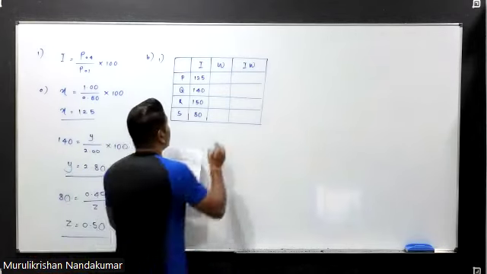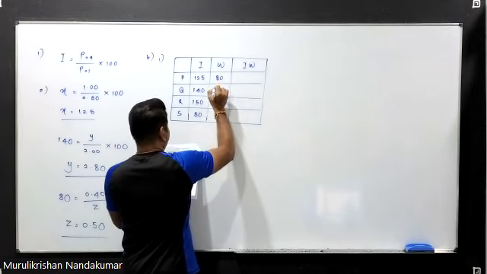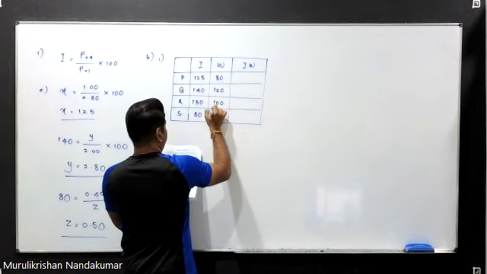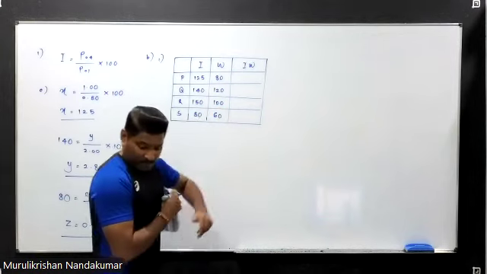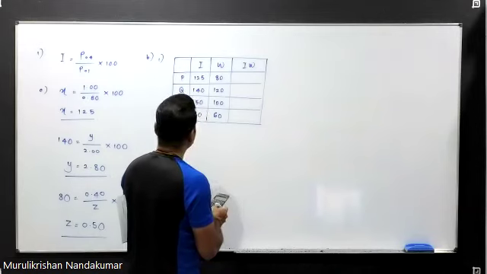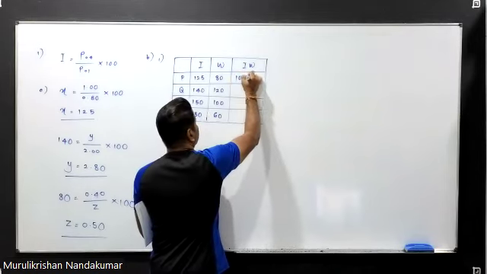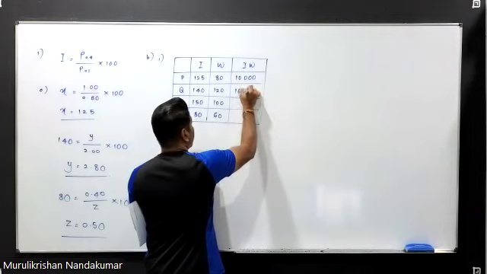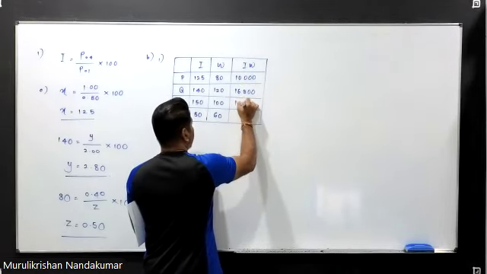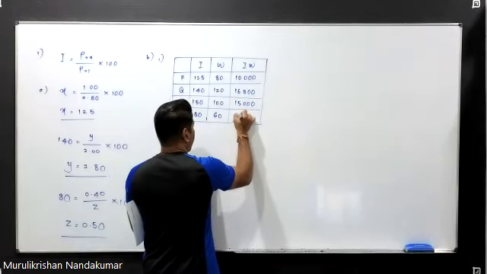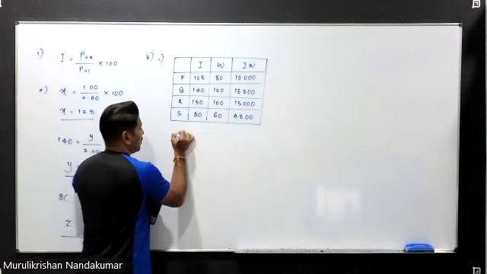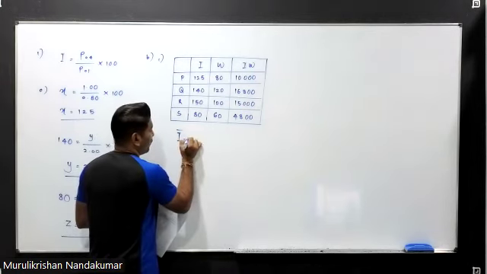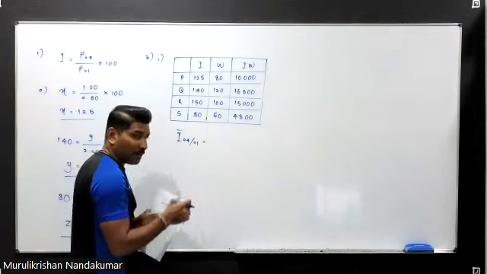So this is 80. Q is 120. R is 100. And S is 60. Then the IW values are 10,000, 16,800, 15,000, and 4,800. For the composite, I put it in a table like this, which is actually better.